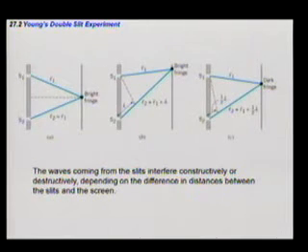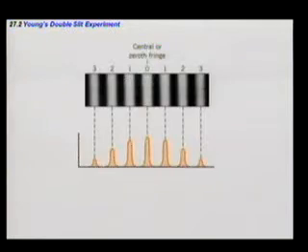They show kind of the mathematics of it, which we're not going to worry about too much. And then right here are the different intensity levels. Right here, m is equal to 0, then m equals 1, 2, 3. The dark fringes are at m equals 1 half, 3 halves, 5 halves, 7 halves.